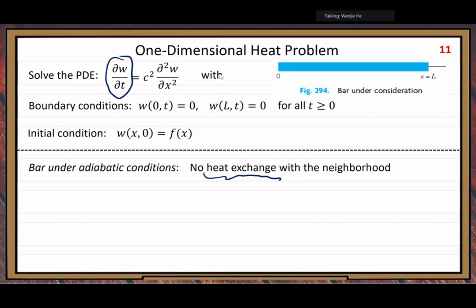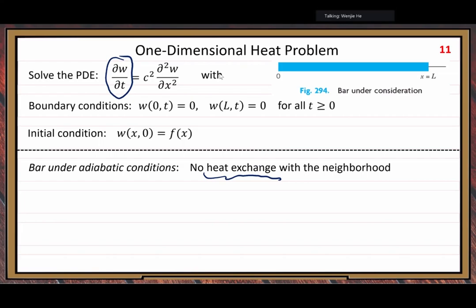If you have exchange, positive or negative, then the derivative is non-zero. So for this assumption of no heat exchange, the derivative equals 0 at both ends.